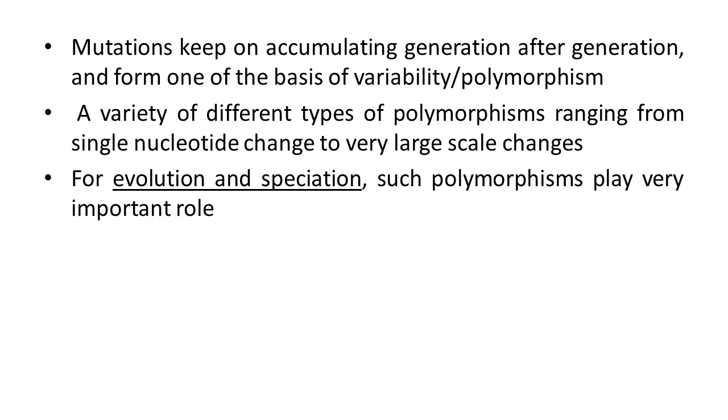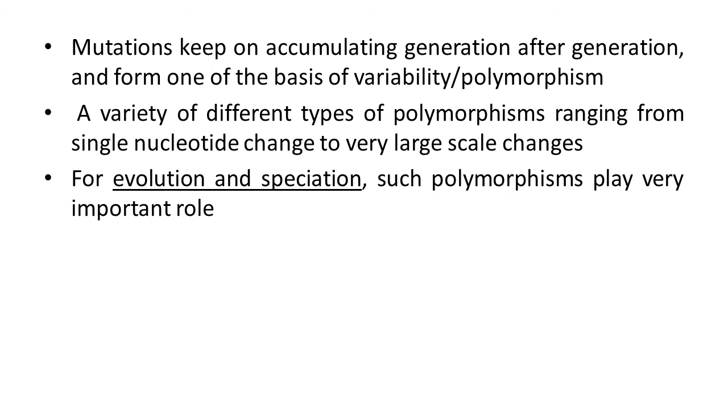For evolution and speciation, such polymorphism plays a very important role. As we know, human beings, which are higher organisms, Homo sapiens sapiens, are also an evolved species on this earth. It is believed that in the beginning human beings developed from apes. So gradually, due to the process of evolution, some changes occurred. In this way advanced human beings, Homo sapiens sapiens, are there nowadays.